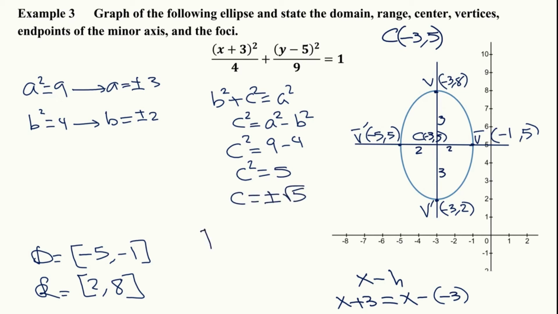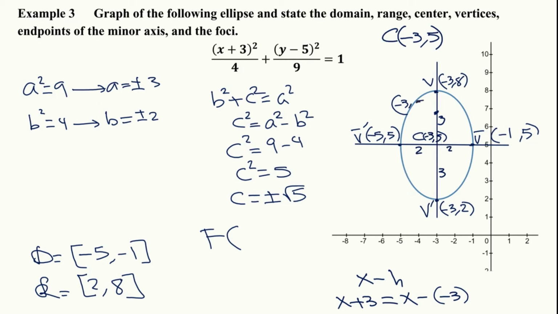So the foci, which are going to be on the vertical axis here, are going to be, to get this one here, we're going to realize it's going to be at the same x value as that. Its y value is going to be radical 5 more than 5.